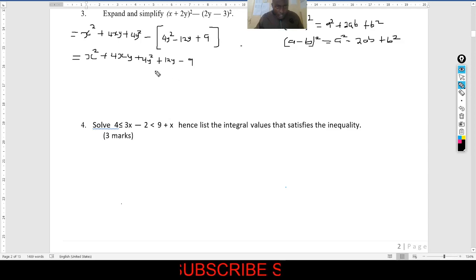So write terms together. This was minus here, not plus. So we have this negative here, it's minus 4y squared.